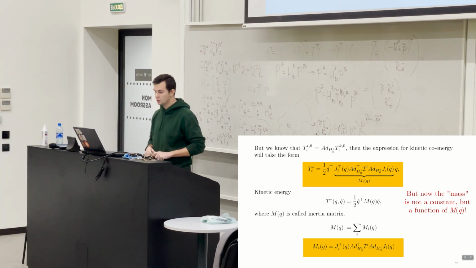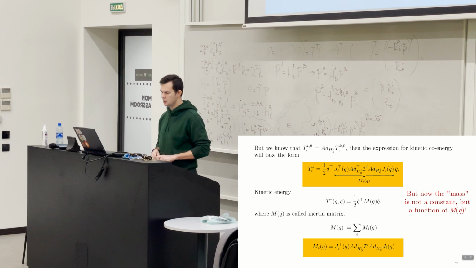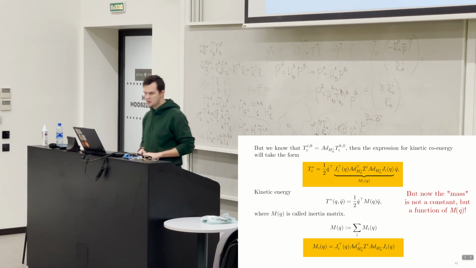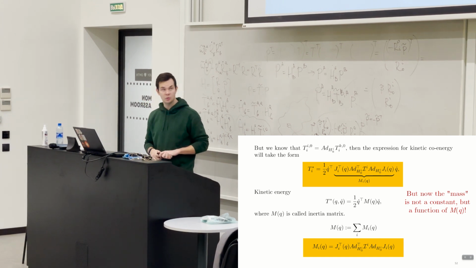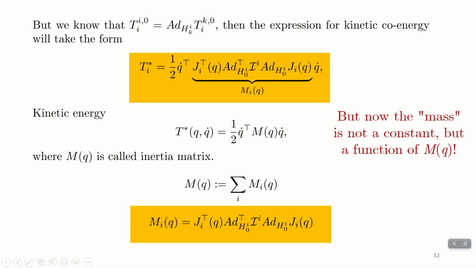Since we talk about rigid body dynamics with constant mass and constant inertia, those will be constant values. Here you can see the equation for the kinetic energy. Kinetic energy of a body is 1/2 times the vector of the velocities. It could be angular velocity or linear velocity, it doesn't matter actually.